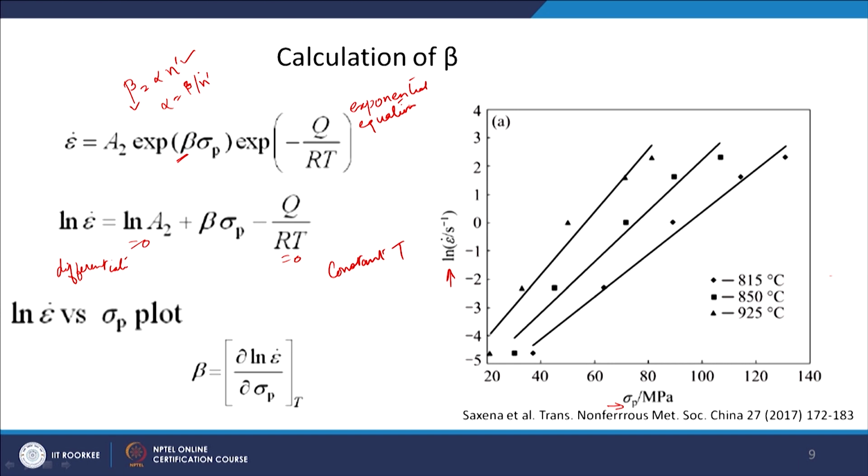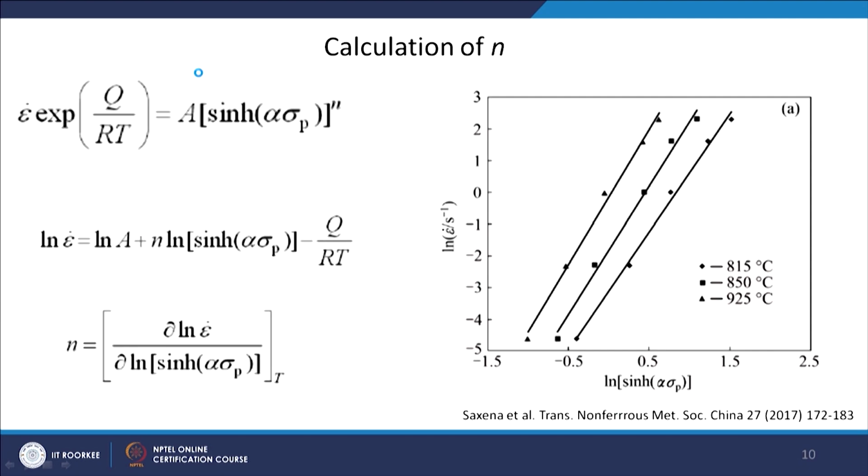Now I want to know the calculation for n. We have already seen the sine hyperbolic equation: Z, which is epsilon dot exponential Q by RT, equals A sinh alpha sigma p to the power n. Here it is n; in the power law equation it was n prime. That is the difference.